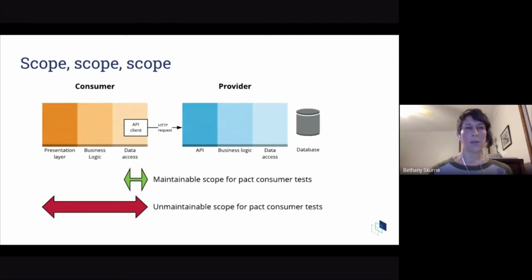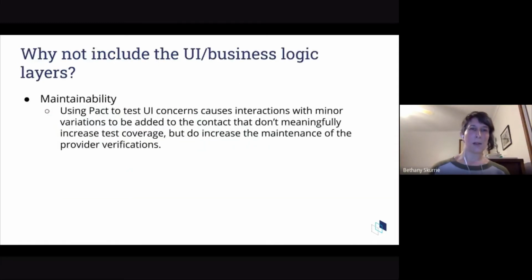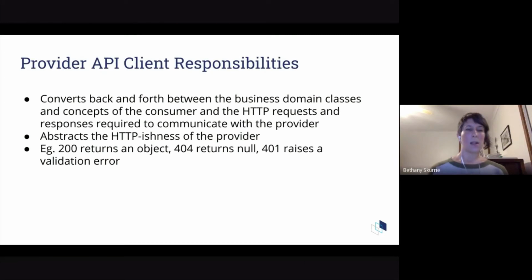What you want to do when you're writing your Pact tests is to just focus on the code within your consumer that is responsible for making those HTTP requests. So probably inside your consumer, you're going to have something that I would call an API client.